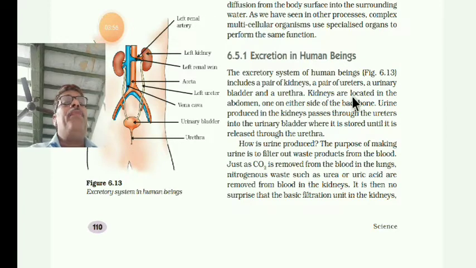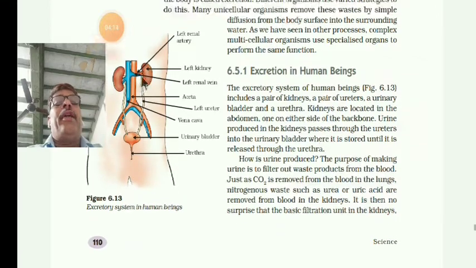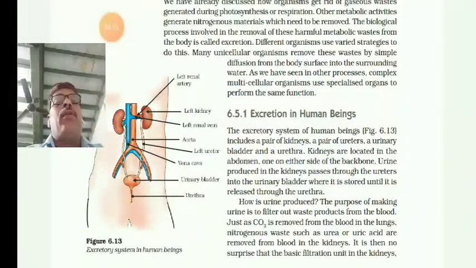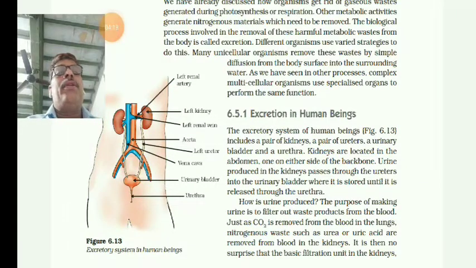Kidneys are located in the abdomen. So where are the kidneys located? In the abdomen. Abdomen means belly part, B-E-L-L-Y, or nearby the stomach also. Here you see the diagrams. Kidneys are located in the abdomen.